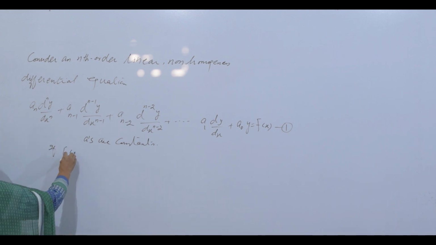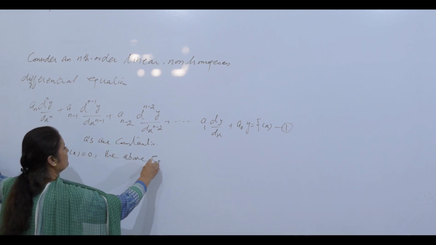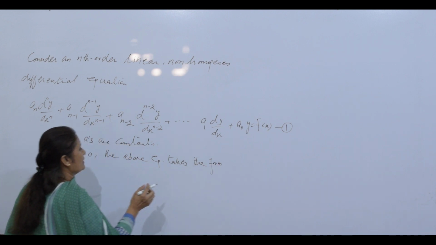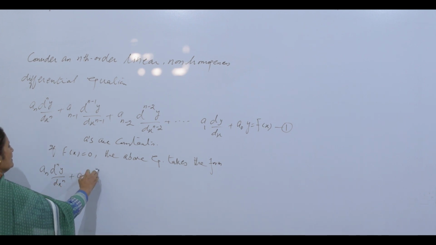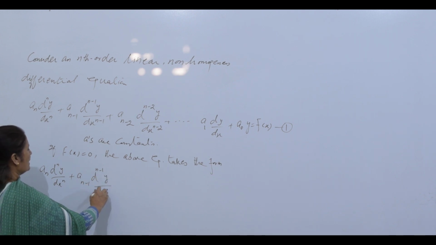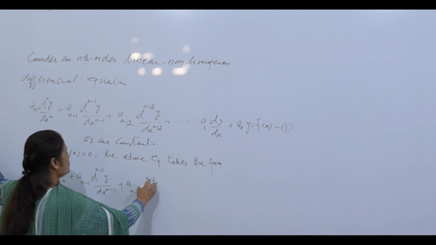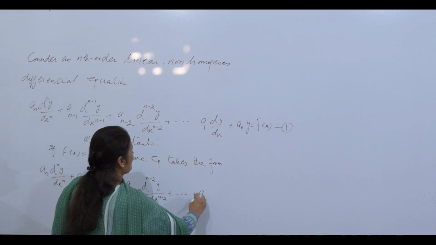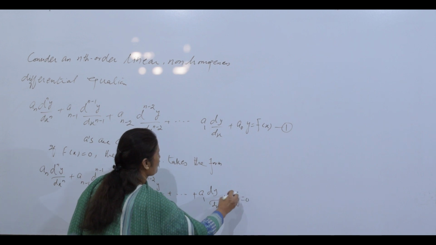If f of x is equal to 0, the above equation takes the form a_n d^n y over dx^n plus a_(n-1) d^(n-1) y over dx^(n-1) plus a_(n-2) d^(n-2) y over dx^(n-2) plus ... plus a_1 dy by dx plus a_0 y equal to 0.